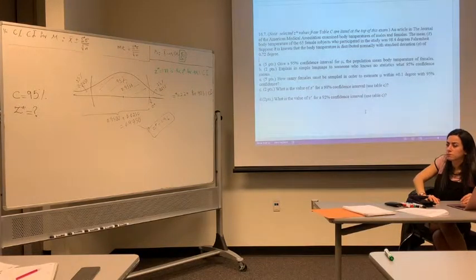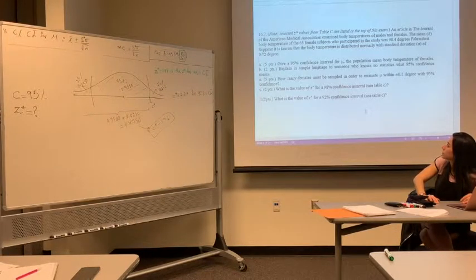Anything wrong? I'm just trying to see how it affects the population, because it already gives us the confidence and everything. One question is this: I'm just wondering how we use that to find the population. It says give a 95% confidence interval for mu. You know how to solve this, right?